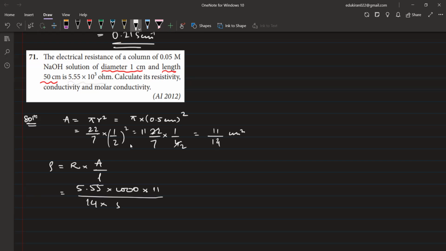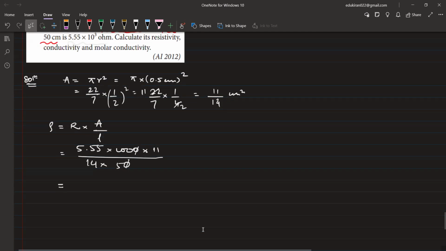And its length is 50. This will be approximately somewhere around between 80 to 90, I think. Calculate this.